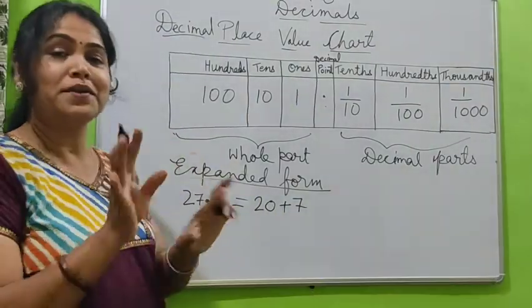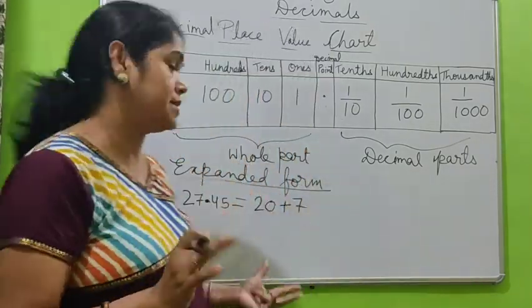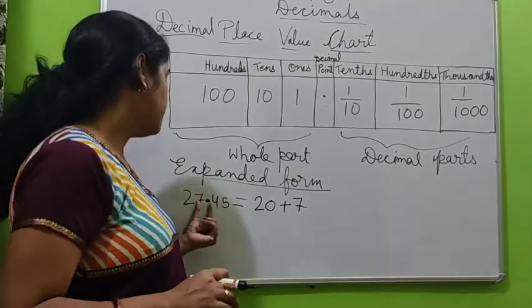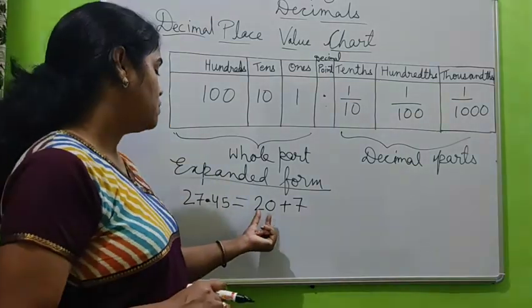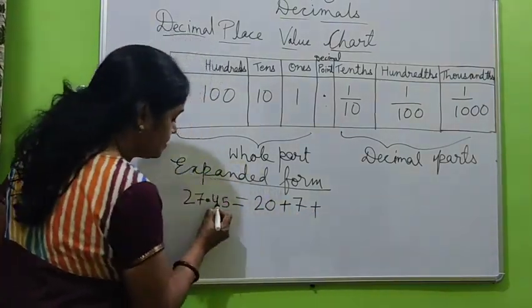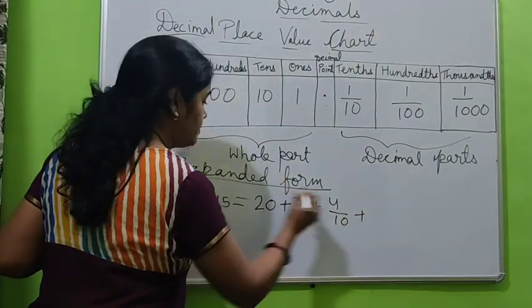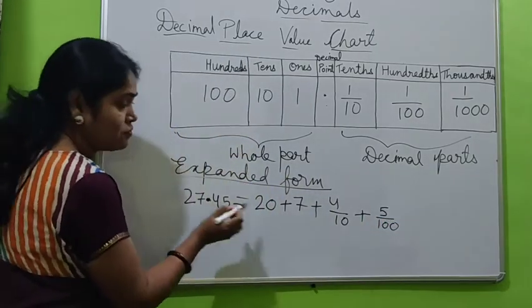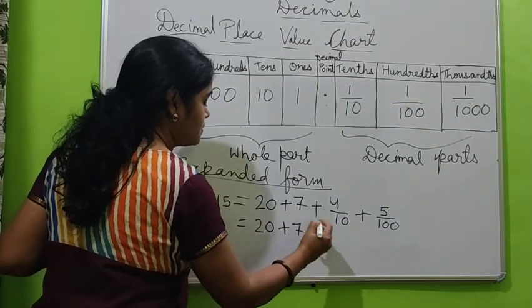Then the point. For the point, no need to write any place value. It is just to separate the whole part and the decimal part. So 20 plus 7. Now the decimal part: first is the tenths place and 4 is there, so we write 4 by 10. Second is 5 at the hundredths place, so we write 5 by 100.